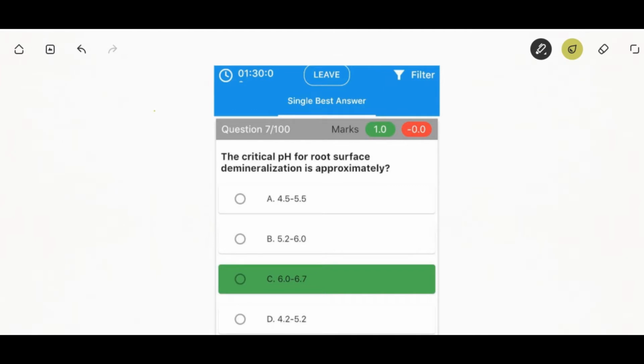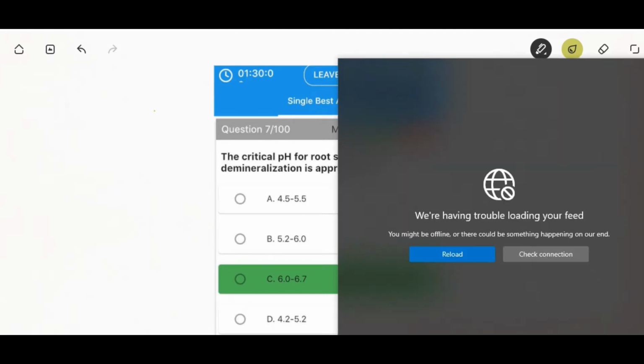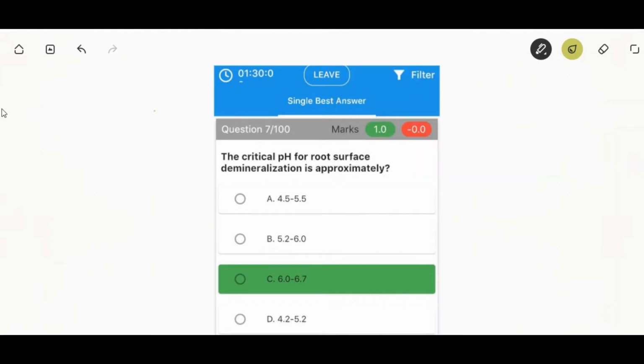The next question is, the critical pH for root surface demineralization is approximately. What is critical pH? The critical pH is the pH at which hydroxyapatite in the dental structure starts to dissolve.